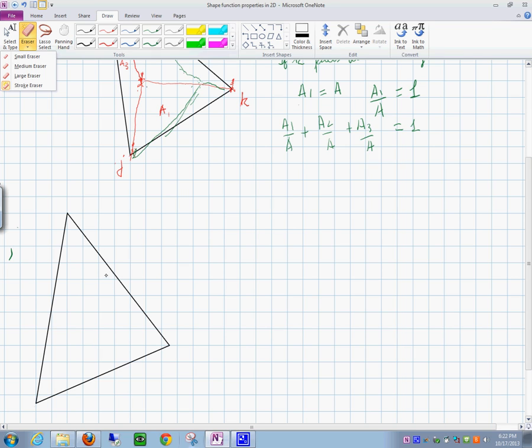So if it is 1 at A1, this is I, and this is J, and this is K. You see? If he pulls it in here, the shape function is going to be here.